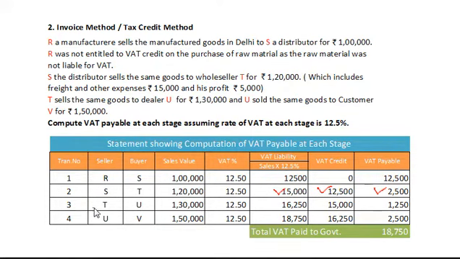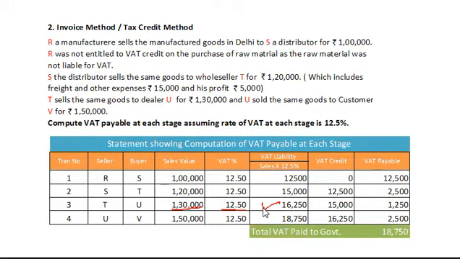Then the third transaction is between T and U, and the sales value is 1,30,000, VAT rate 12.5%. So gross VAT is 16,250, that is 1,30,000 multiplied by 12.5%.